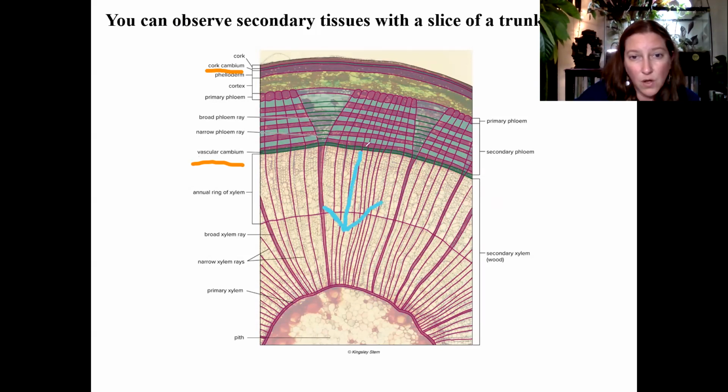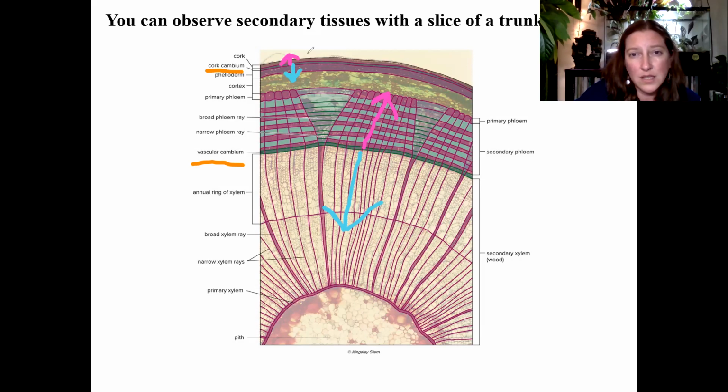And secondary phloem toward the outside of the vascular cambium. Let me move this thing. And the cork cambium up here makes phelloderm toward the inside of the stem and cork toward the outside of the stem.